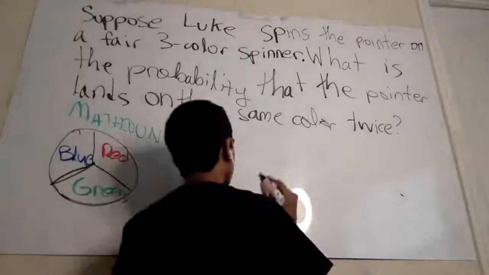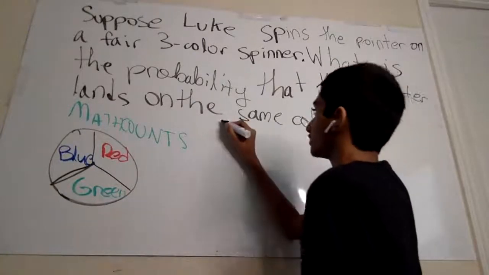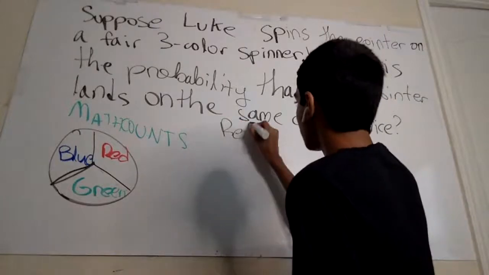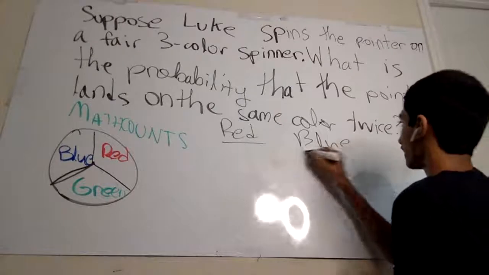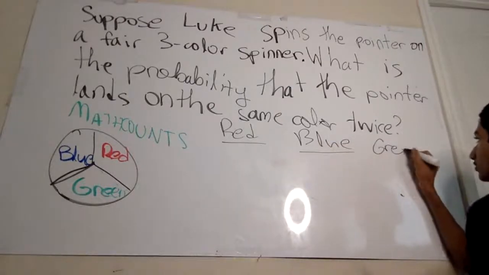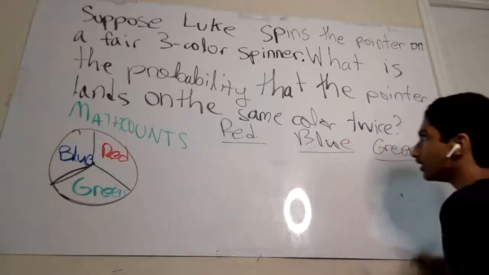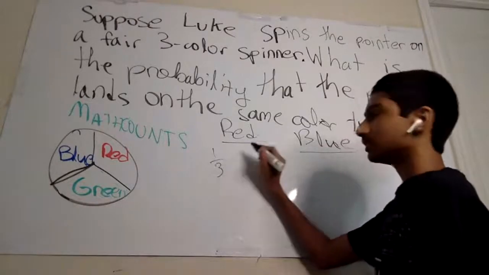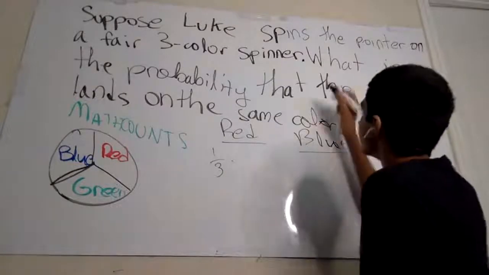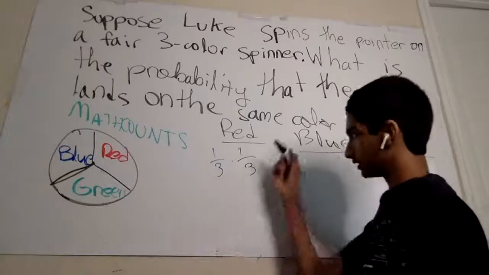So if we use plain old probability, let's make it into cases. So we have red, blue, and green. And this is the solution without the trick, as the trick is really fast and you don't even need these colors. So it lands on red 1/3 of the time the first time, since it's fair and there's 3 colors. And it lands on red 1/3 of the time the second time.